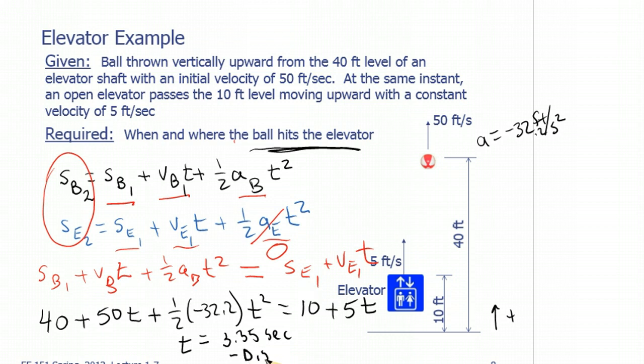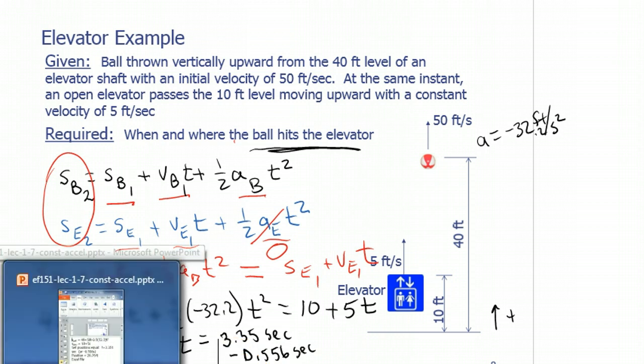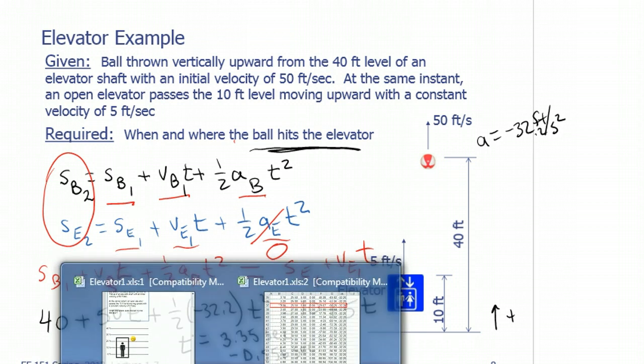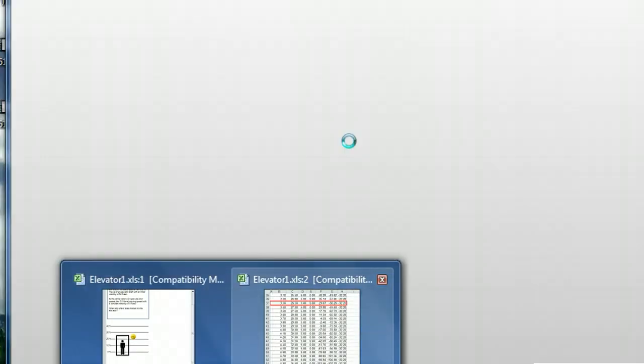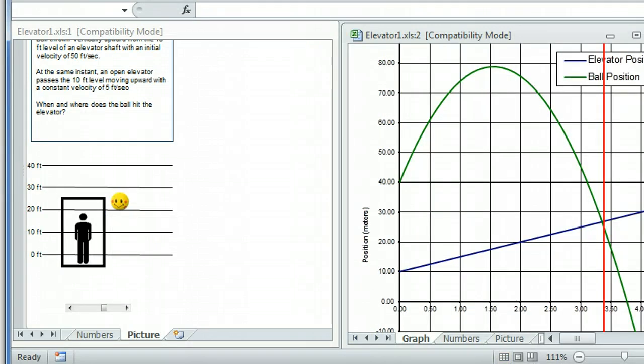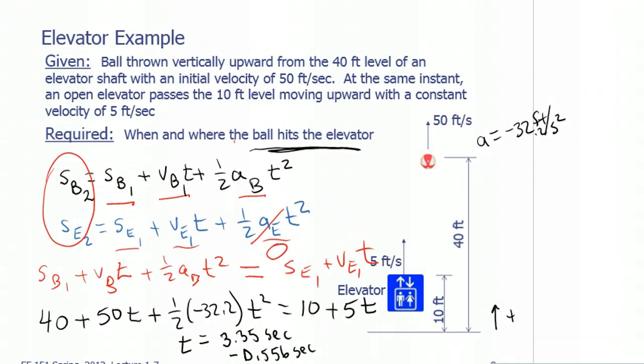If we remember our parabola, or our graph, we are looking for this point, but there's also another intersection point out here somewhere. Negative time doesn't really make sense, but mathematically those two curves do intersect. That's our negative answer. There's our positive answer. So there's our time when the ball hits.